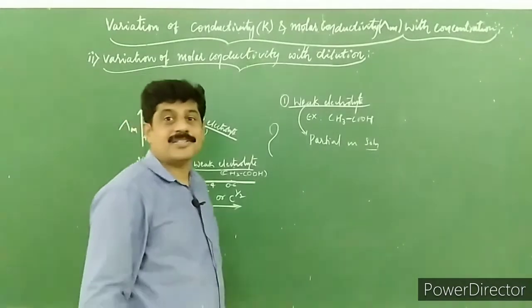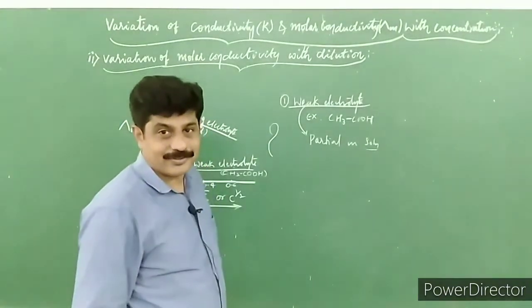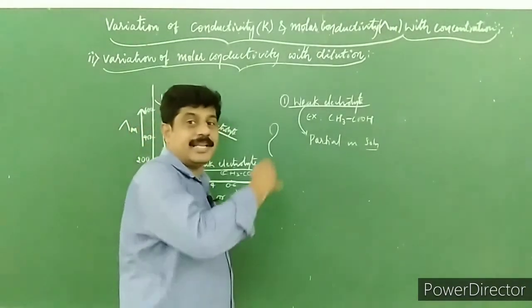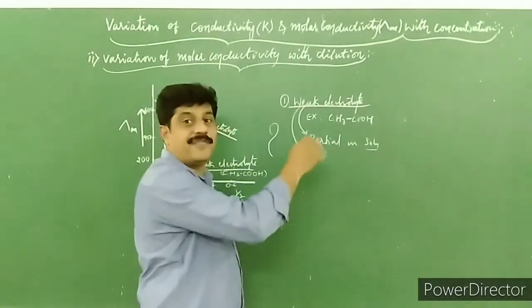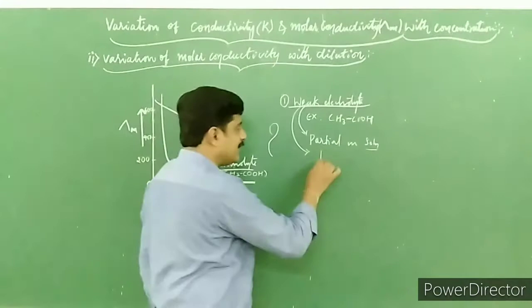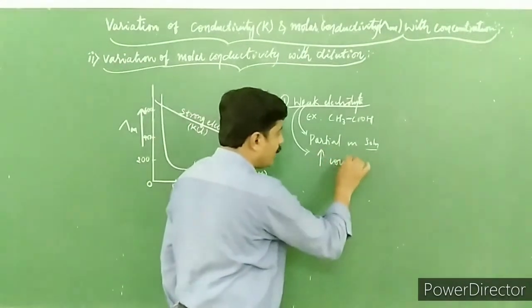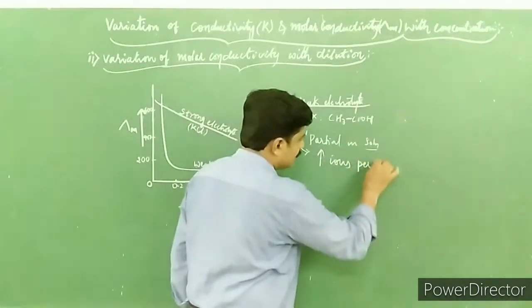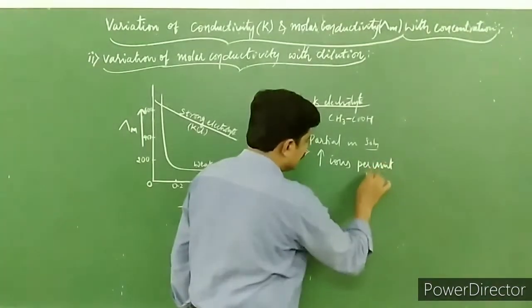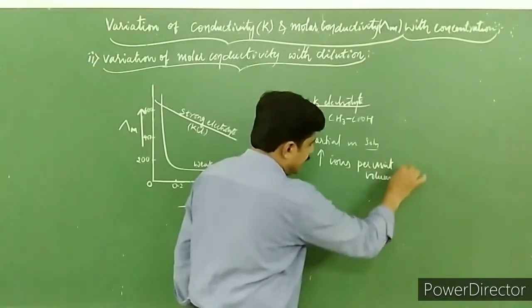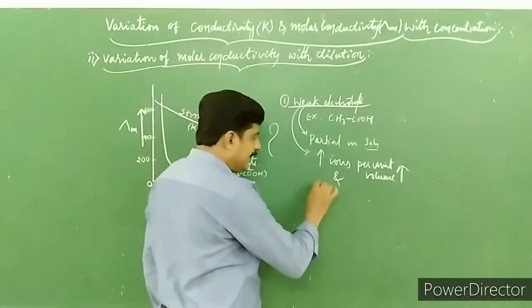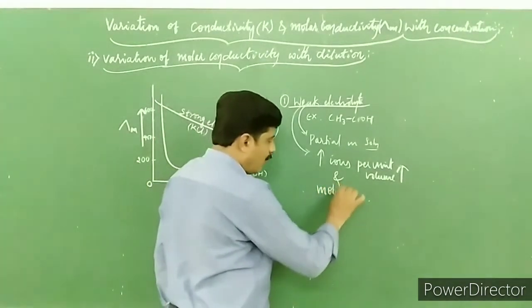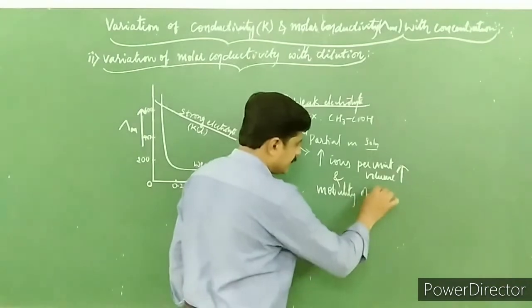As it undergo partial dissociation in solution, when dilution takes place, there is a chance for weak electrolyte to undergo further dissociation, so that the number of ions per unit volume increases. Not only that, the mobility of the ions also increases.